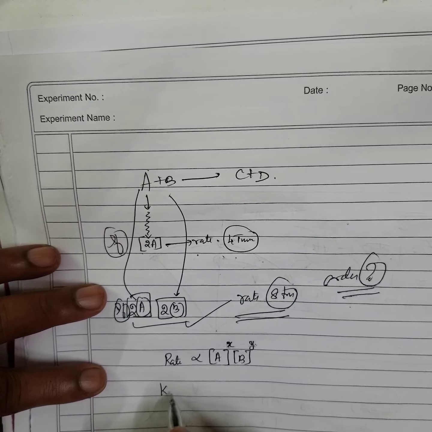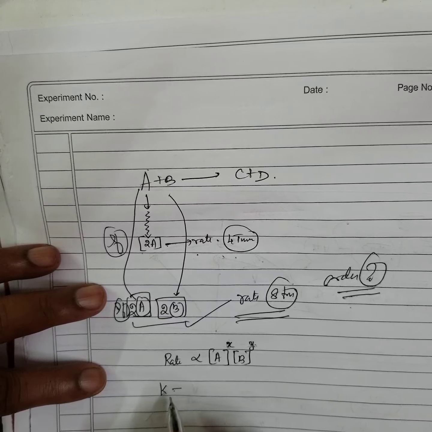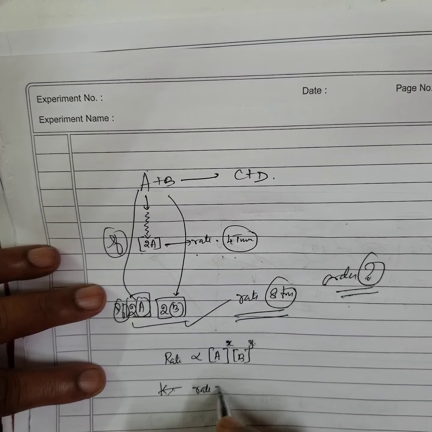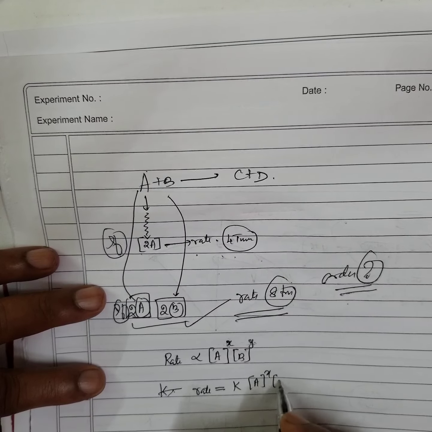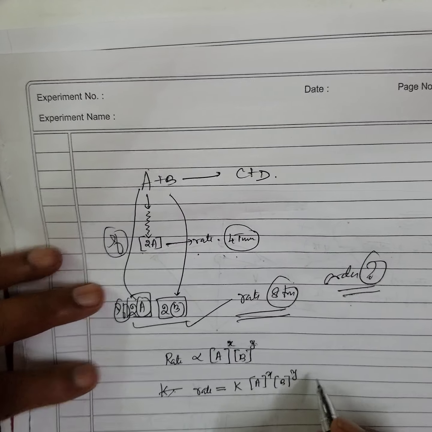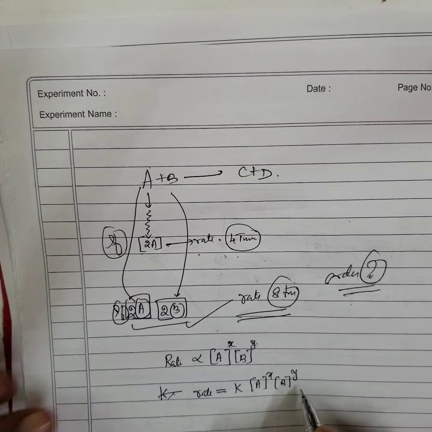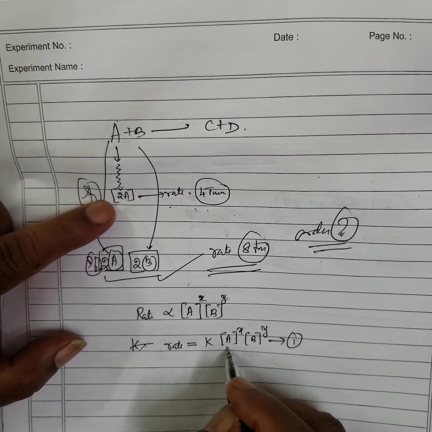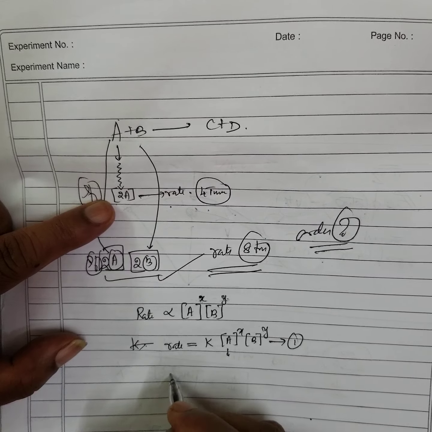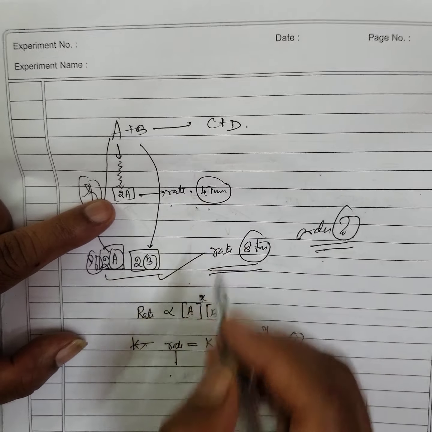Therefore, with rate constant K, I'll write the rate: rate is equal to K times the concentration of A to the power X, times the concentration of B to the power Y. This is the general equation. Now in the first case, A changes to 2A, therefore the rate increases 4 times.